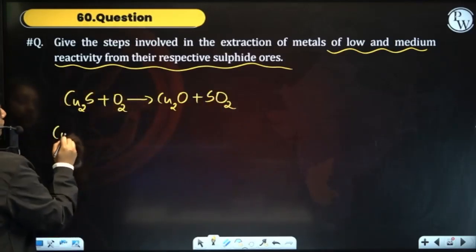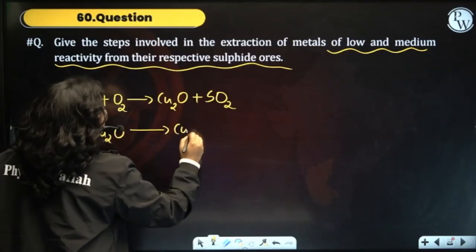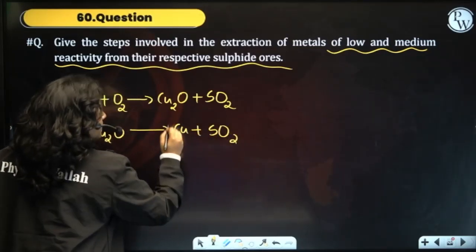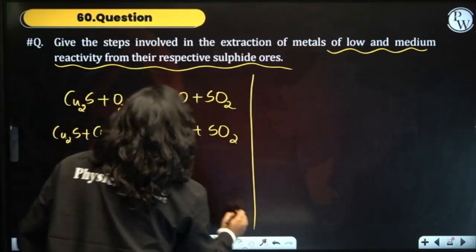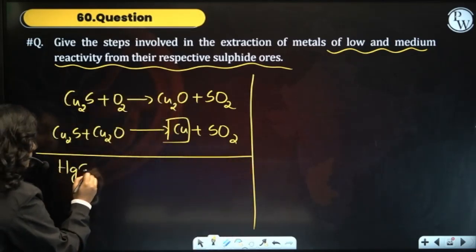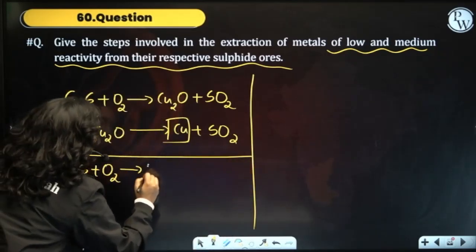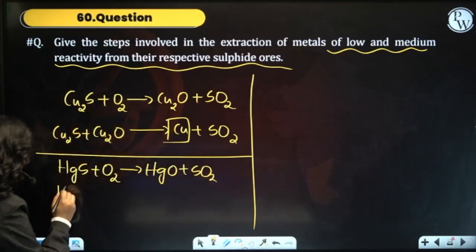Correct? Now copper sulfide plus copper oxide undergoes auto reduction to form copper. This is what you had extracted, copper from low end. From low end you have one more metal. What is it? Mercury. Mercury sulfide plus oxygen forms mercury oxide plus sulfur dioxide. Correct?